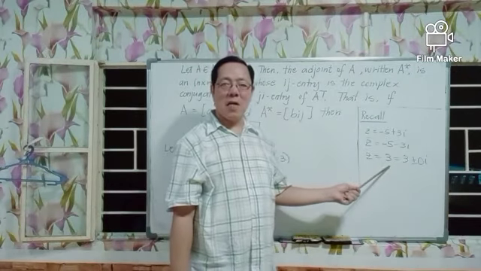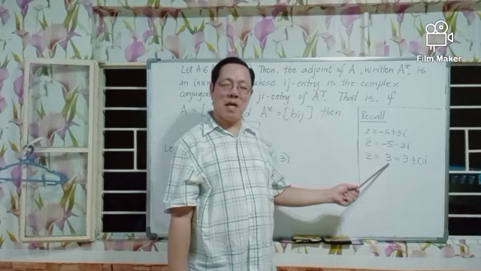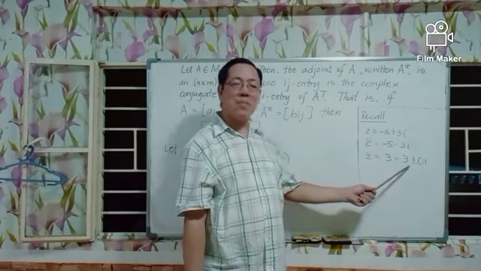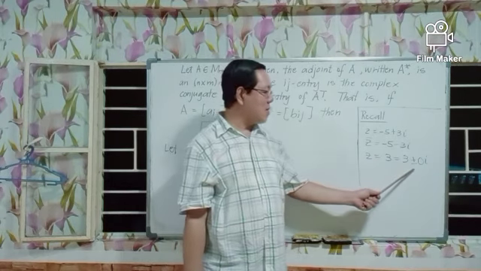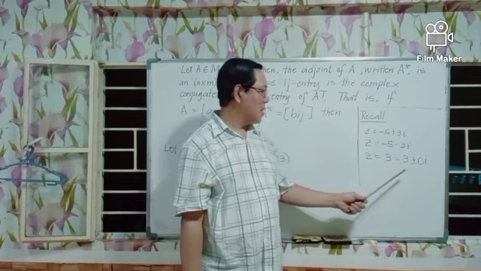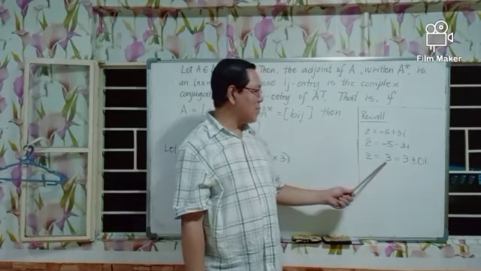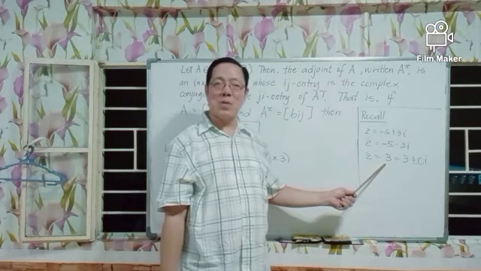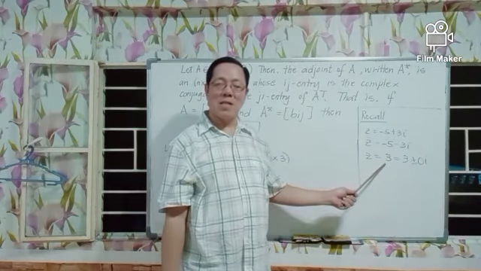Here is a real number, but it is a complex number because it can be written in the form 3 plus or minus 0i, where the real part is 3 and the imaginary part is either plus 0i or minus 0i. But when you simplify 3 plus or minus 0i, it simplifies to 3, which is a real number. Thus, the real number is a complex number.